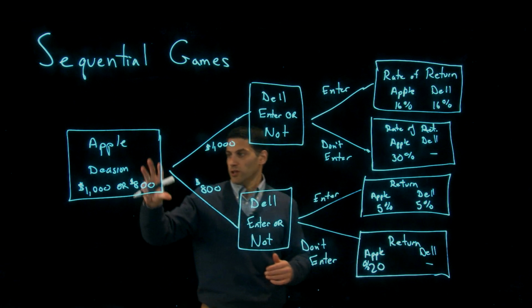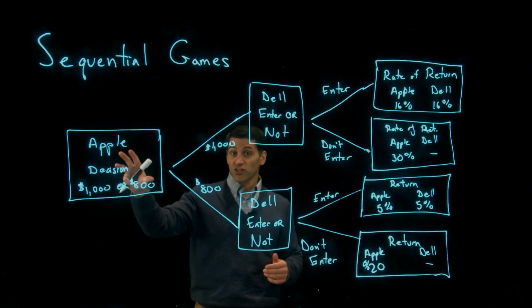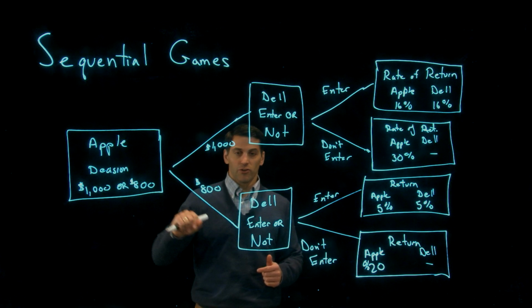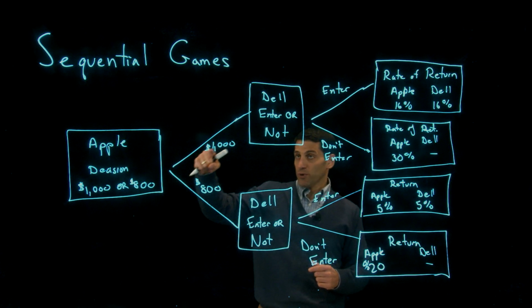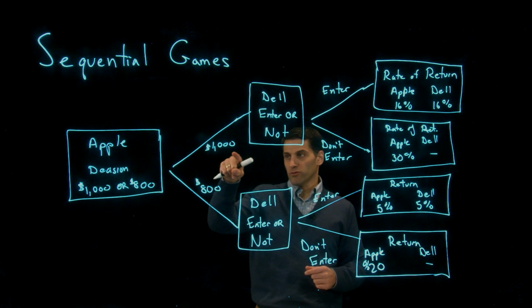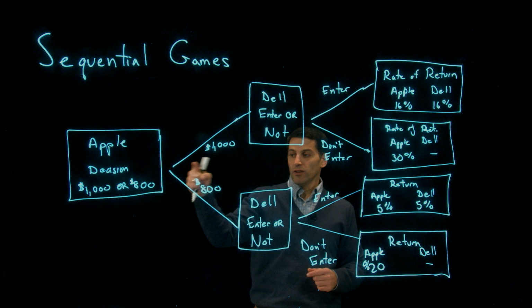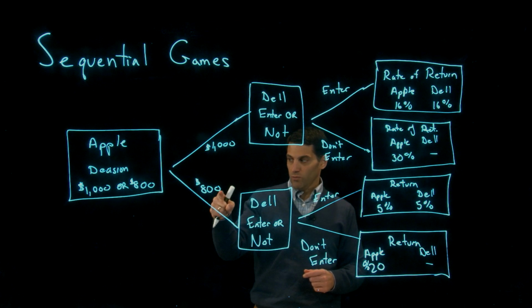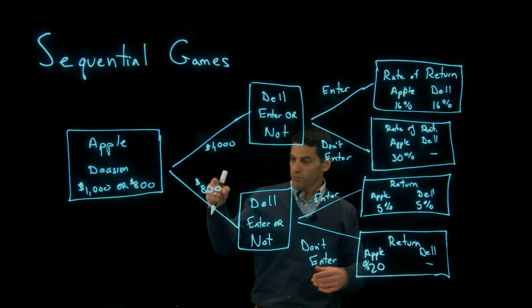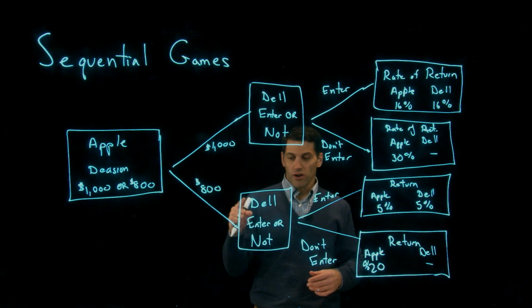Okay? And so here is the first decision node. Right? So Apple decides to charge $1,000 or $800. So this branch, the upper branch, is where we go if Apple charges $1,000. The lower branch is where all the outcomes are if Apple charges $800.